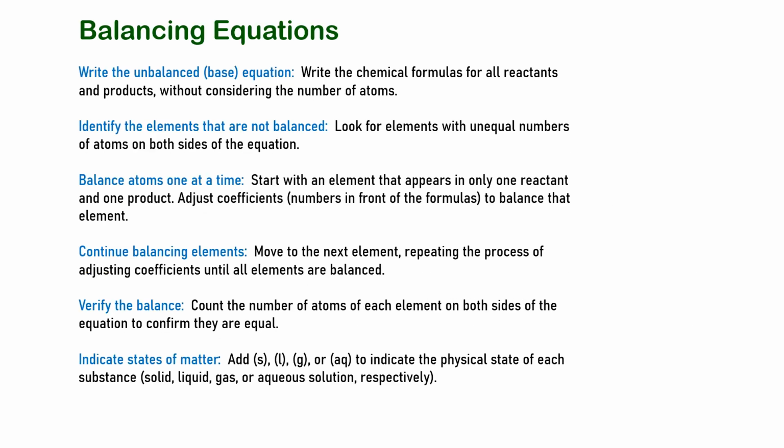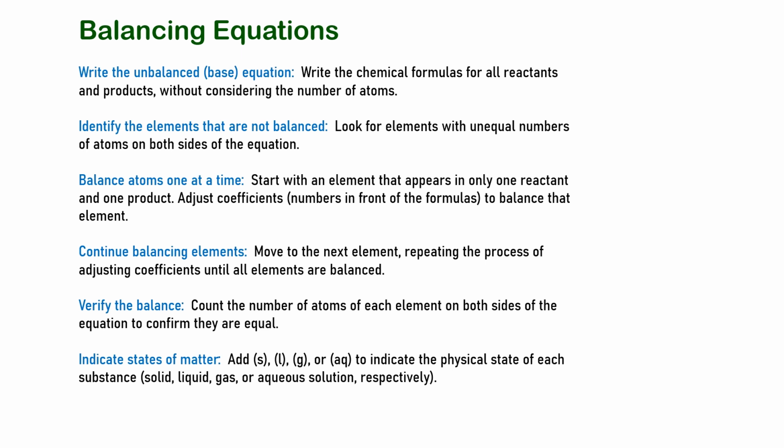Balancing chemical equations in stoichiometry involves adjusting coefficients in front of chemical formulas to ensure an equal number of each type of atom on both the reactant and product sides of the equation, thus obeying the law of conservation of mass. This process ensures that the equation accurately represents the quantitative relationships between reactants and products in a chemical reaction.